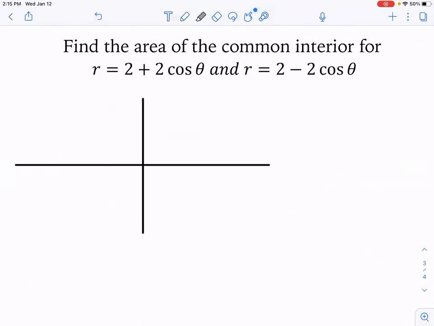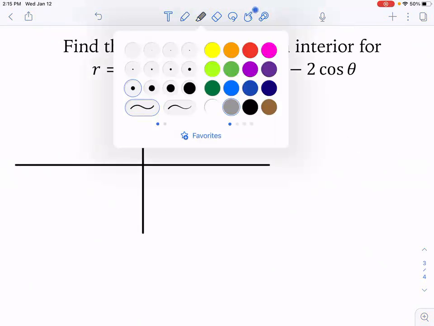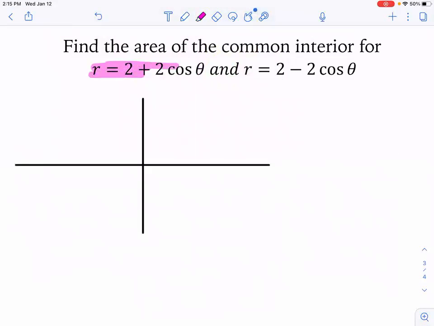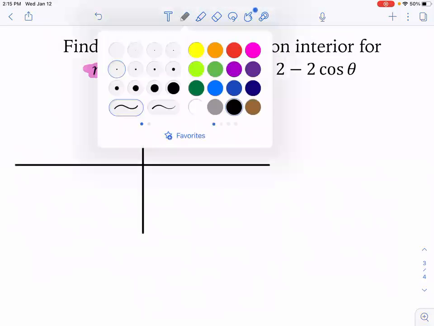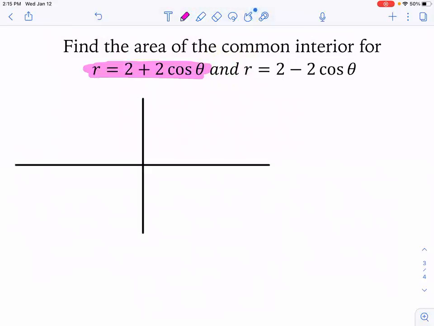Okay. If I wanted to graph what I highlighted in pink, Evan, what kind of graph are we working with? And it's the longest portion of the cardioid is right, left, up, or down.